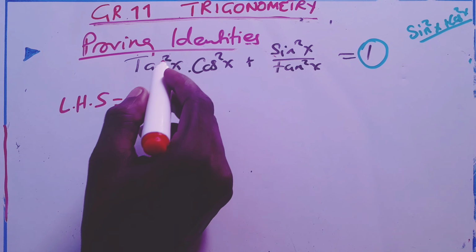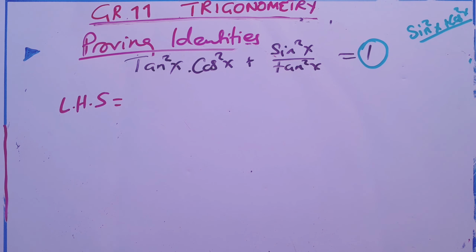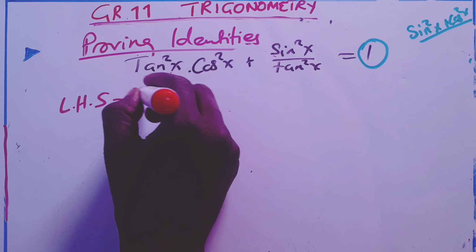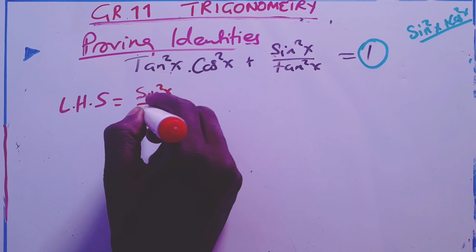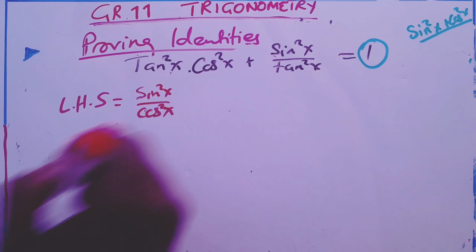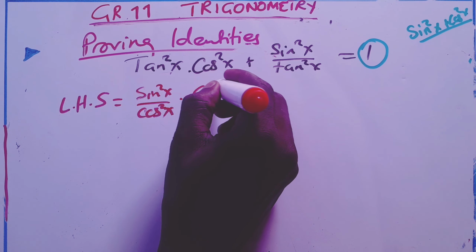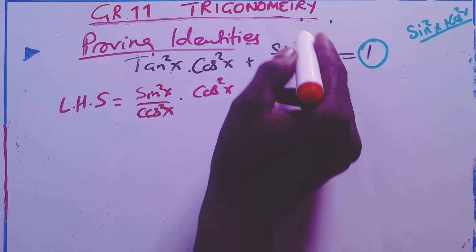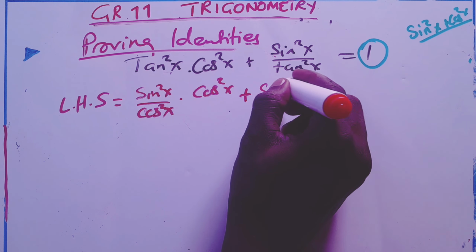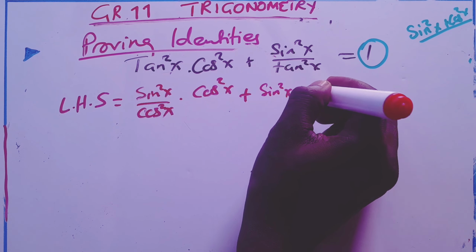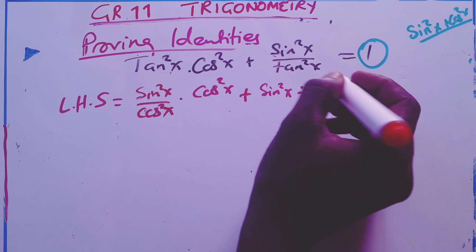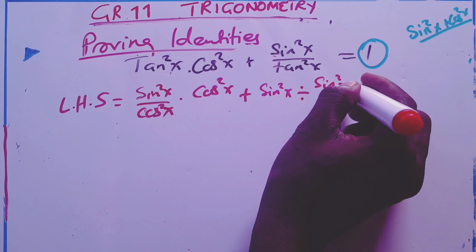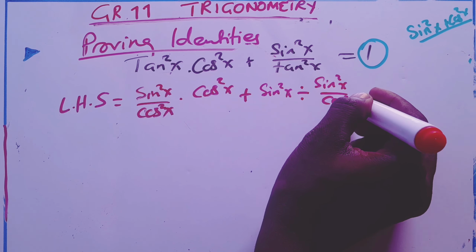With our left hand side now, what is tan squared x? I told you that every time we're having that, try to change it into what? Into sine and cos, right? So this becomes sine squared x over cos squared x multiplied by cos squared x, plus sine squared x divided by sine squared x over cos squared x.